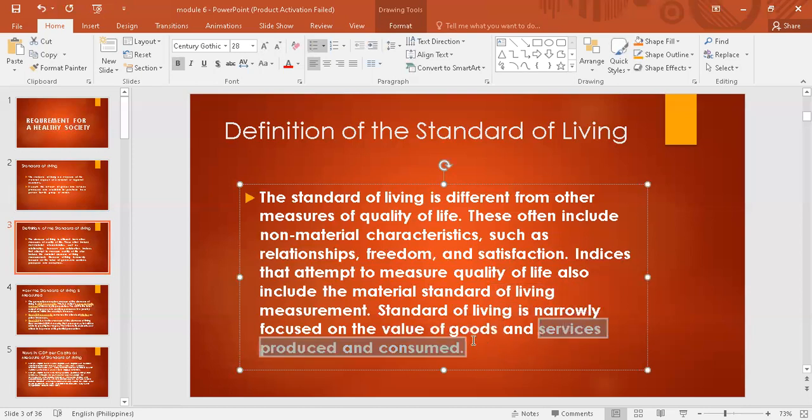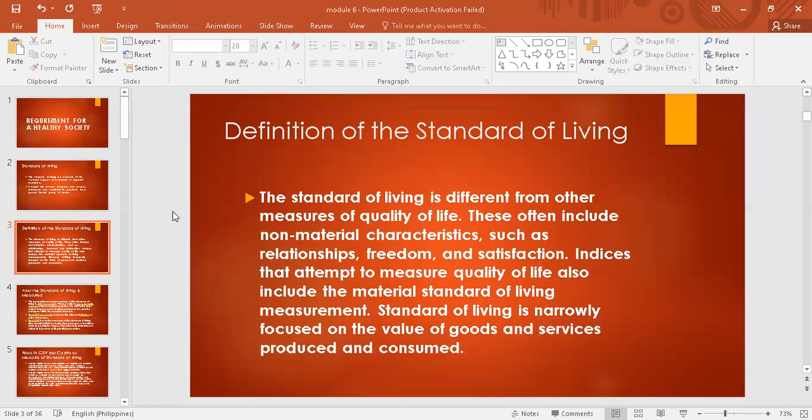Ibig sabihin po, dito sa discussion natin, yung standard of living na sinasabi natin dito ay nakafocus para masabi natin yung quality of life of any individual or family or group is in terms of the value of goods that they consume and also the value of goods and services being produced.